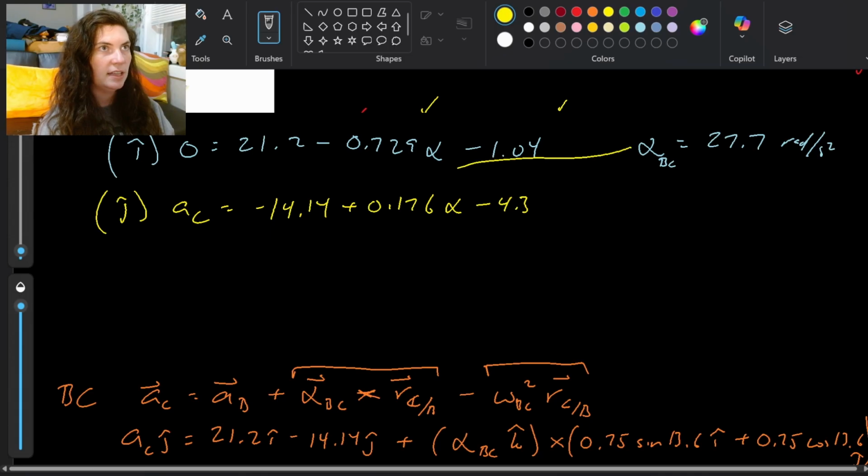I can take this alpha that I found, plug it in there, and I get that my acceleration of the piston at C is negative 13.5 feet per second squared.